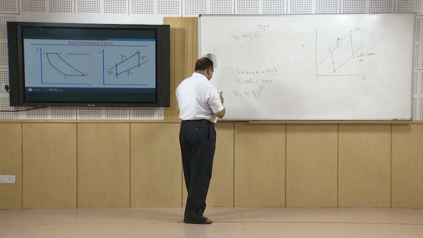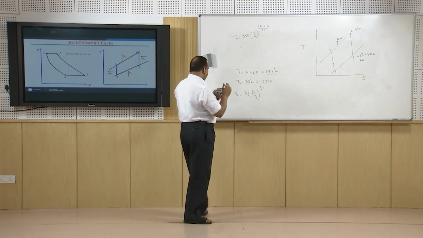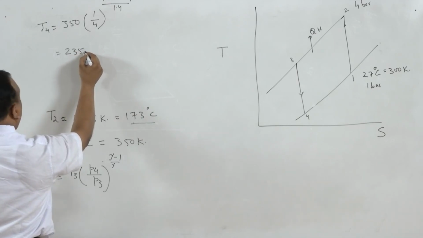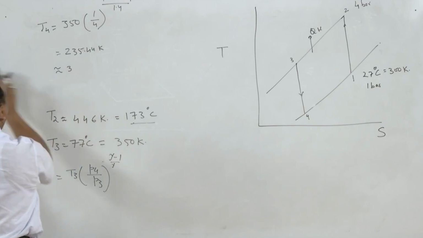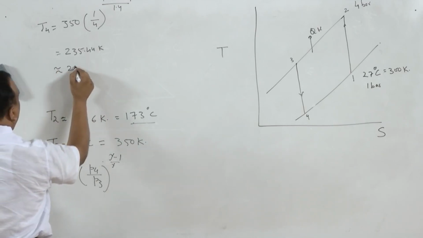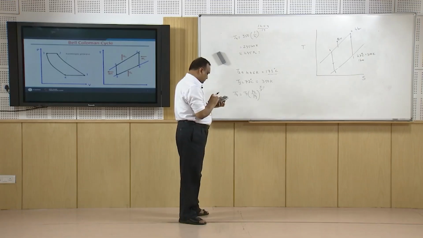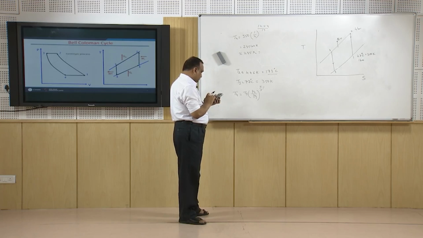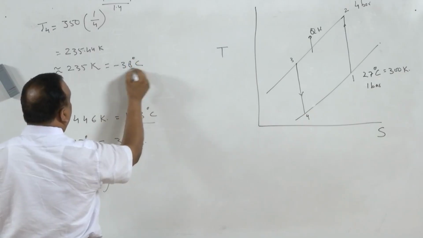So, this will turn out to be approximately 235.44 Kelvin, or let us say 235 Kelvin, which is equal to minus 38 degrees centigrade.